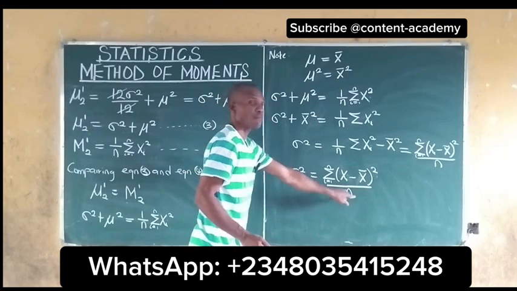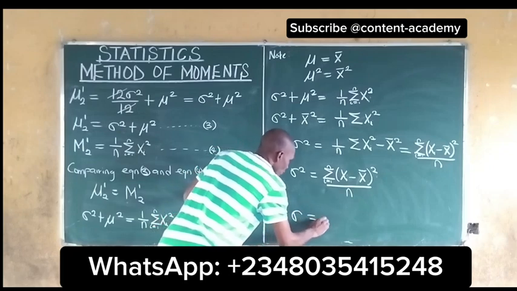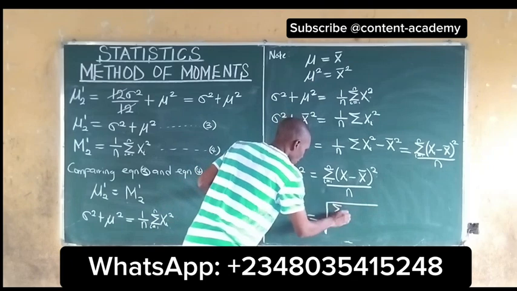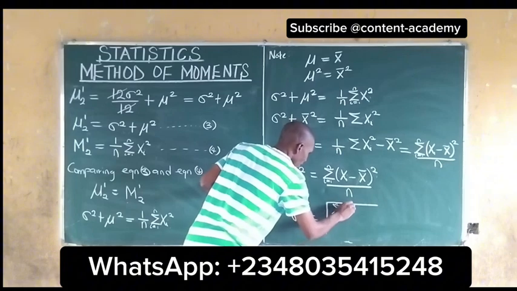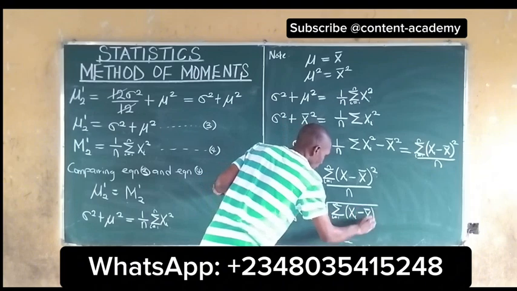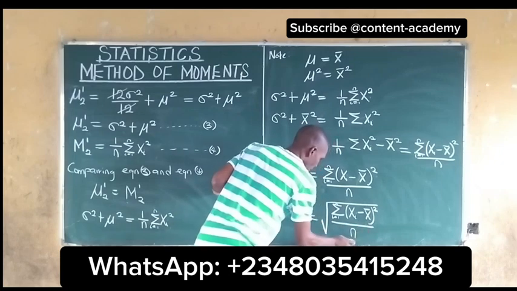Now, if we take the square root of both sides, we'll now have our sigma to be equal to the square root of summation from i running from 1 to n, xi minus x bar all squared all over n.